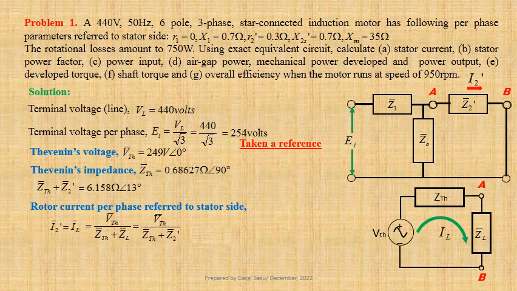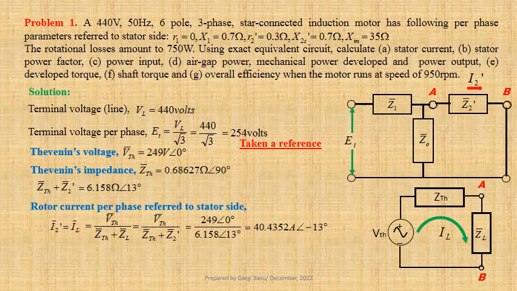Therefore, I2 dash equals 249 at an angle 0 degree divided by 6.158 at an angle 13 degree. That gives us 40.4352 ampere at an angle minus 13 degree.